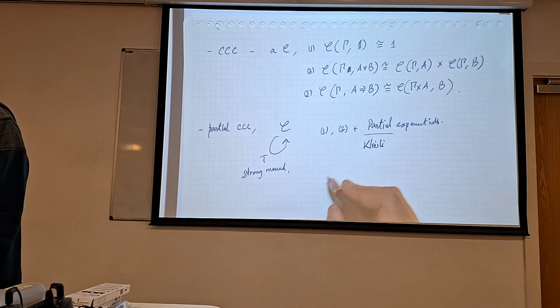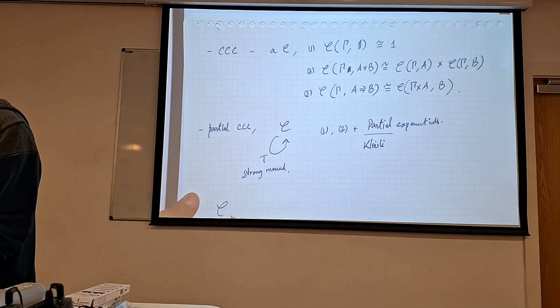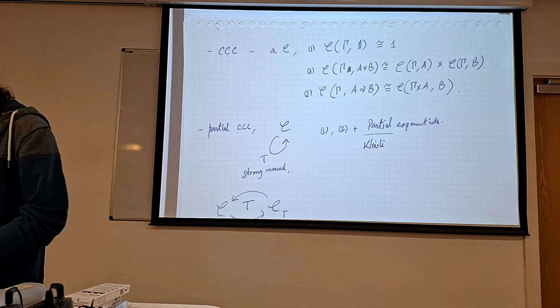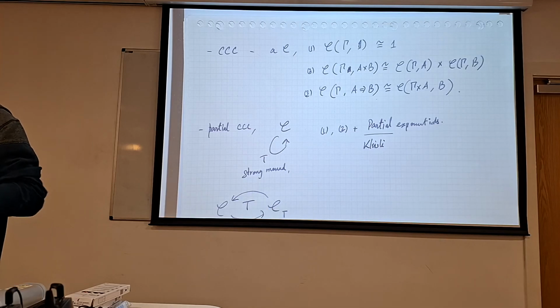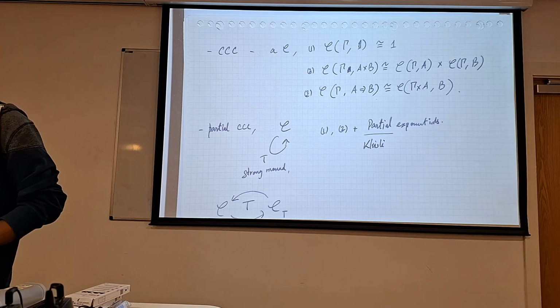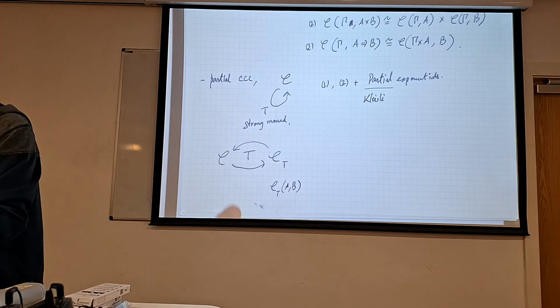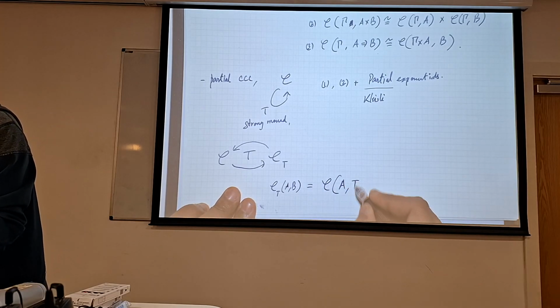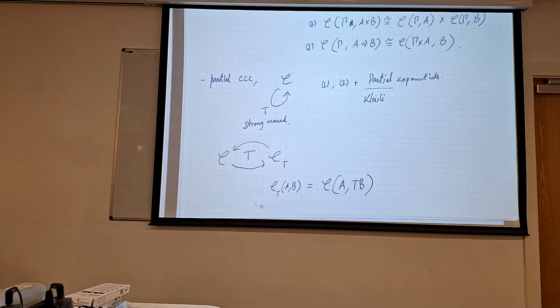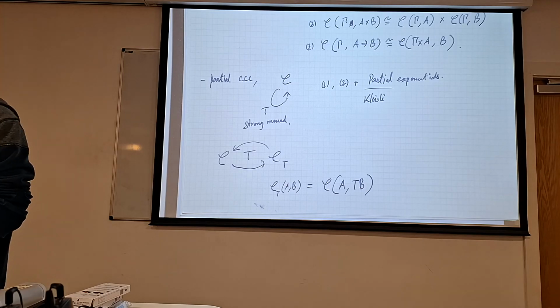Every such category, if I have a monad on it, has a Kleisli resolution, as Chris talked about a little bit: monads have resolutions. So C_T of A comma B just becomes C of A comma T of B. These are the programs that, when you run them, can perform effects. So giving me T is like giving me a way to perform effects when I run the program.